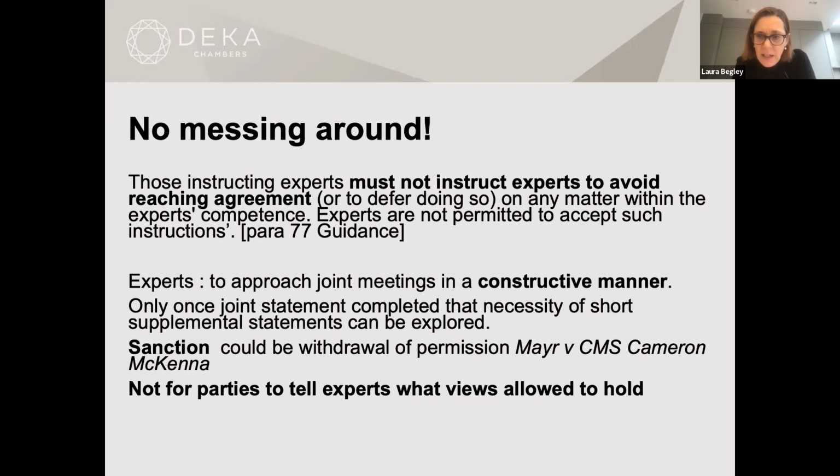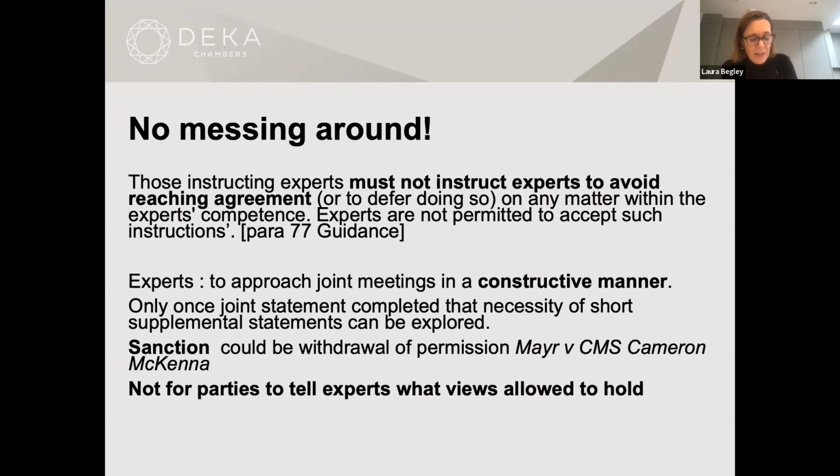The claimant's expert on both of those issues effectively attended the joint meeting and then obfuscated and said, well, I haven't quite finalized my thinking on that issue, so I can't tell you precisely what my opinion is. And said, I'll let you know my final opinion after the deadline for the joint reports, and then sought to introduce effectively an addendum or a supplemental report at that date, and then did exactly the same on the second issue because the other side had a different expert on that issue.